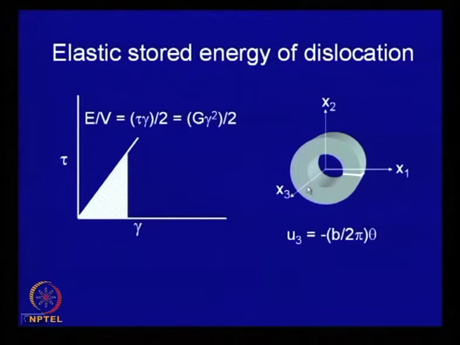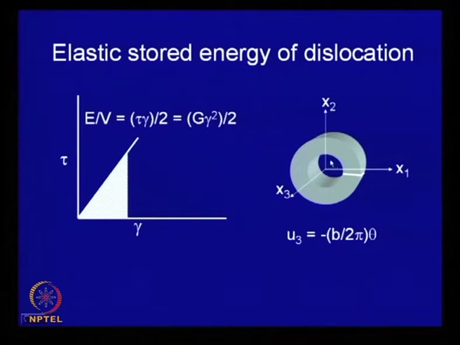This hollow area is where the defect is located, and the reason we consider it hollow is that you can find the stress field only if the deformation is elastic, and within the core Hooke's law will no longer be valid. So, it is a convenient way of assuming that you have a hollow core.